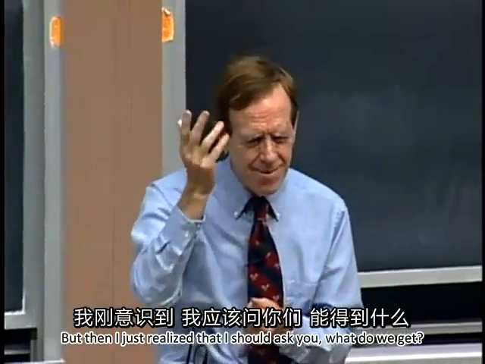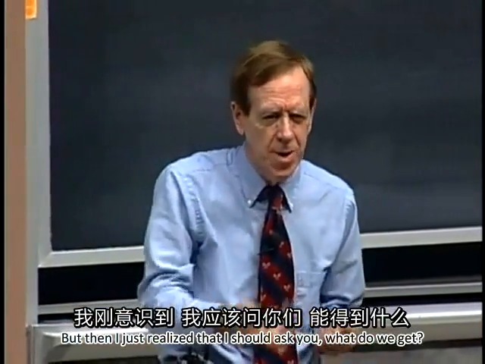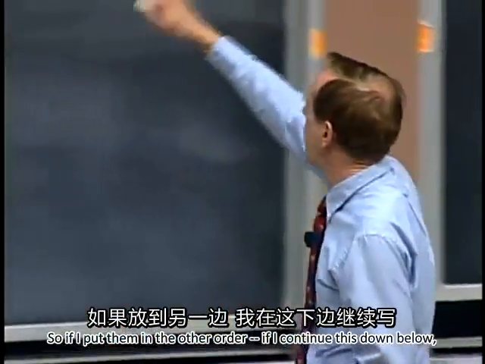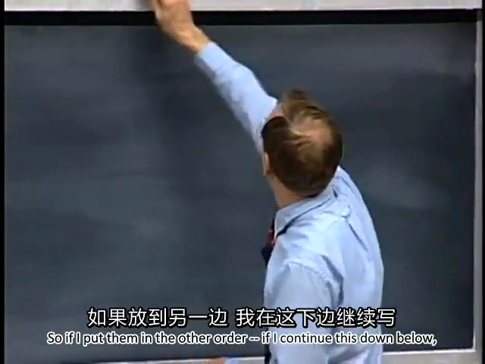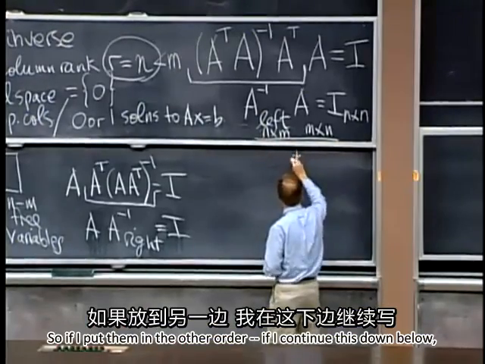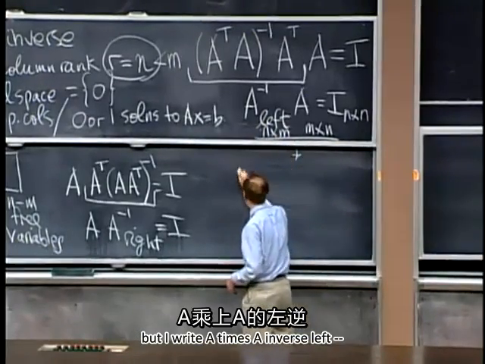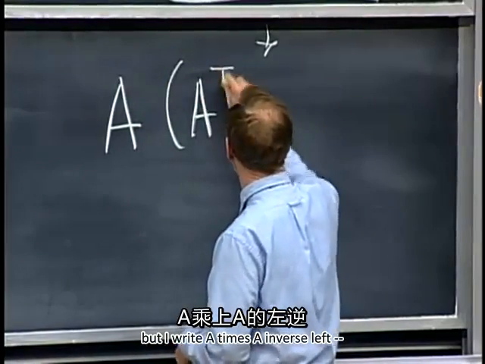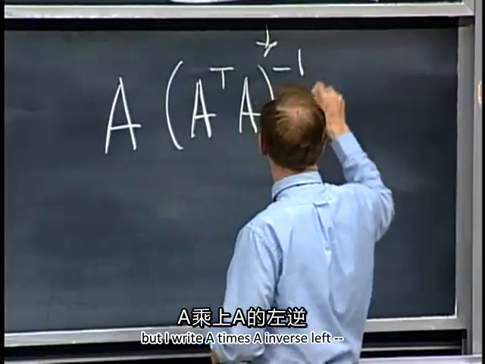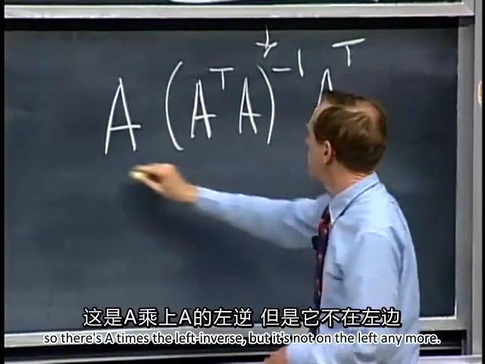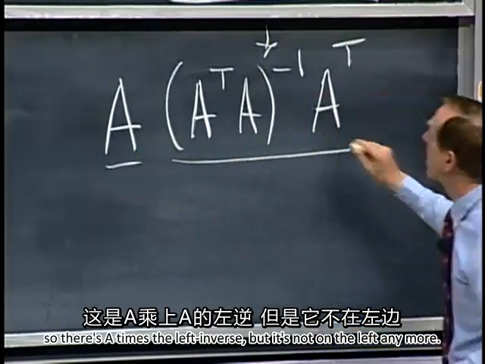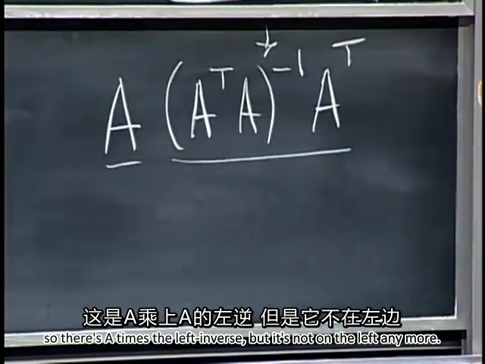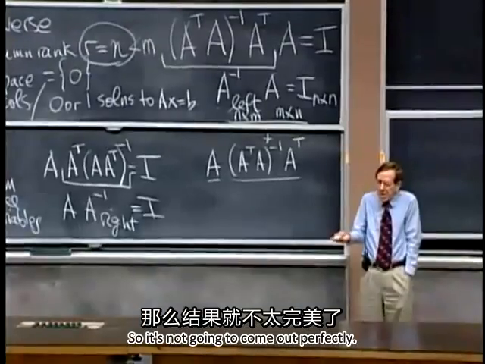But then I realized that I should ask you, what do we get? So if I put them in the other order, A times A inverse left, there's A times the left inverse, but it's not on the left anymore. So it's not going to come out perfectly.